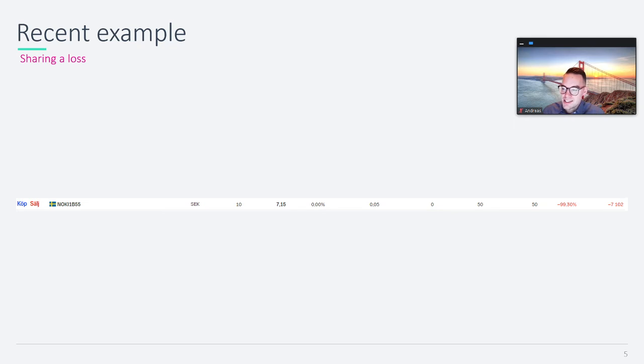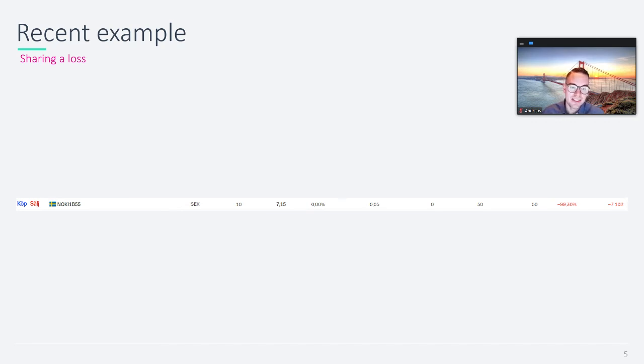In this case, Nokia was being hyped up, and there was very large momentum in the stock. So I decided to gamble a bit and buy 10 call options expiring on the 18th for 55 Swedish kronor each.